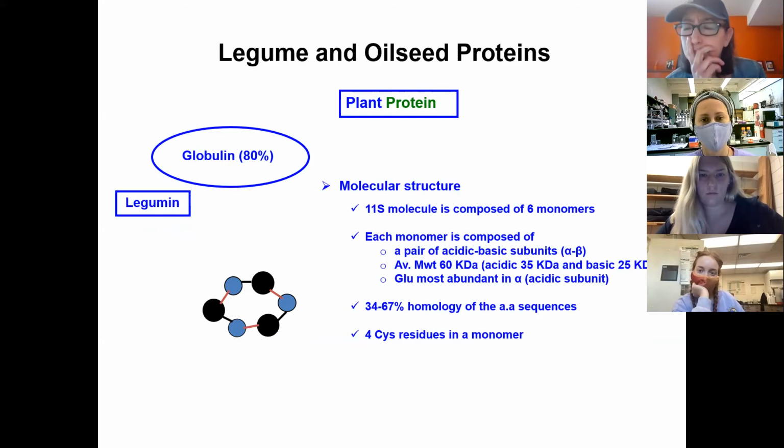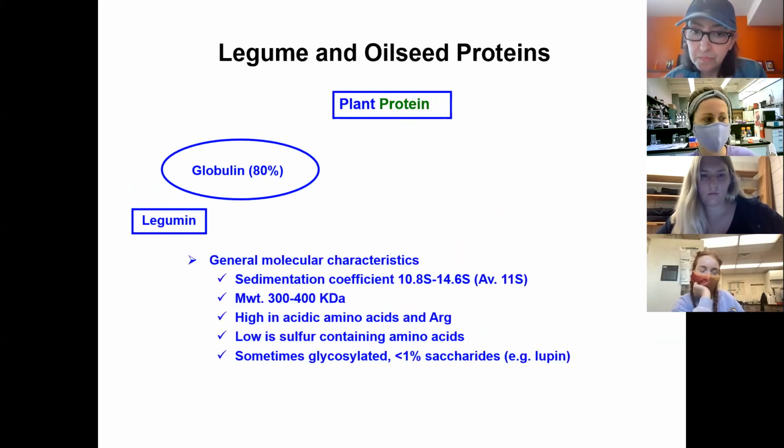I had two questions. You mentioned that legumin between species differ in molecular weight. They would also differ in the sequence of amino acids, right? Absolutely. There is a lot of homology, meaning similar amino acid composition and sometimes sequence, but there are some differences too. And we use alkaline extraction for legume proteins because of the high charge amino acids.